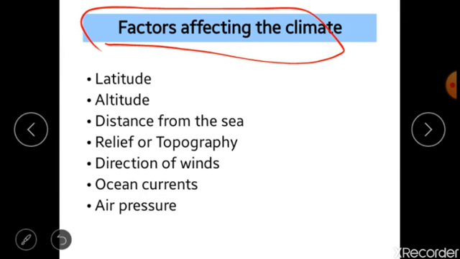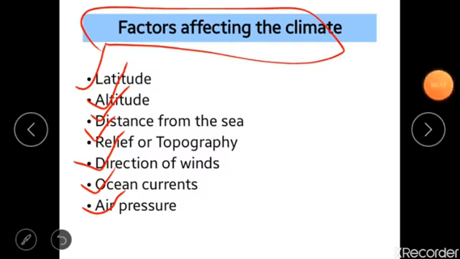Some of these are latitude, altitude, distance from the sea, relief or topography, direction of winds, ocean currents, air pressure, etc. There are so many depending on the divisions, the several parts of earth. So in this lesson we are going to talk about the first four factors that affect the climate majorly.